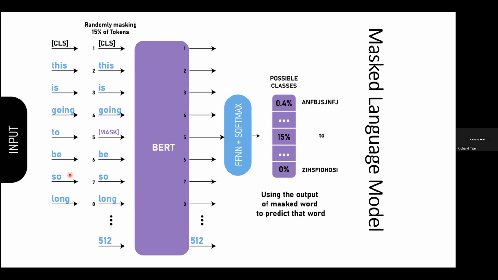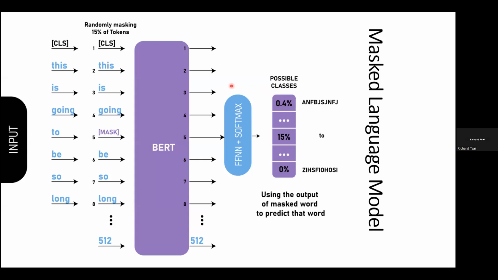BERT is then tasked with predicting each of the masked tokens. The loss is calculated based on the difference between the predicted probability distribution and the actual ground truth, and this loss is used to update BERT's parameters.